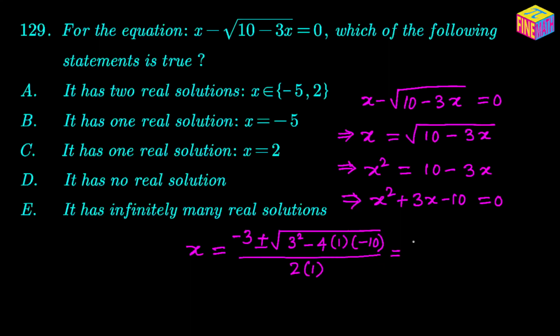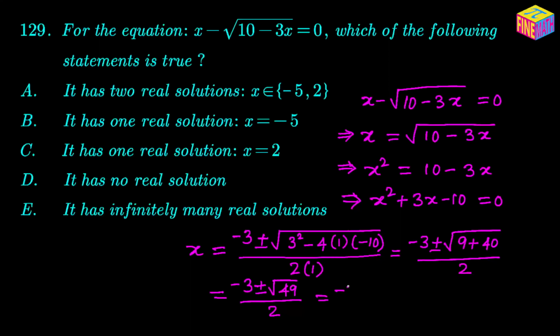So this is negative 3 plus or minus square root of 9 plus 40 divided by 2. So this is equal to negative 3 plus or minus square root of 49 divided by 2, and the square root of 49 can be written as 7, divided by 2.